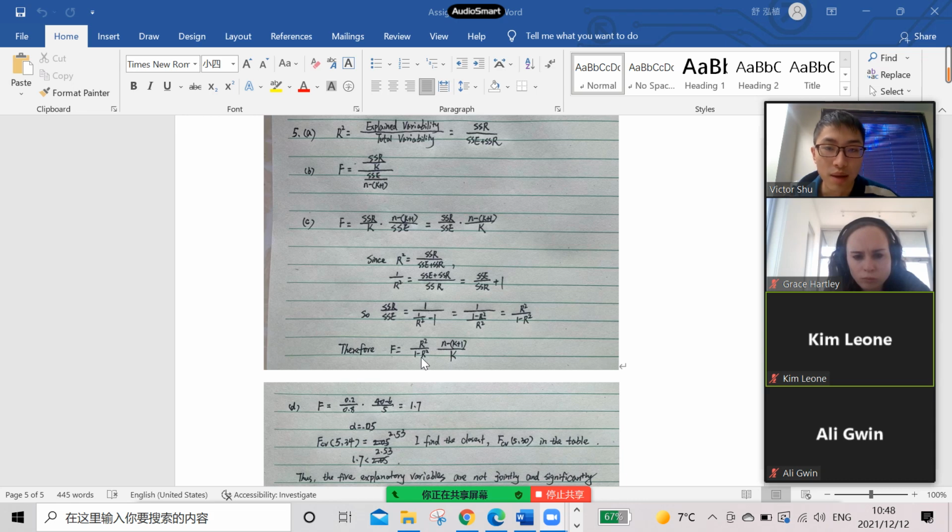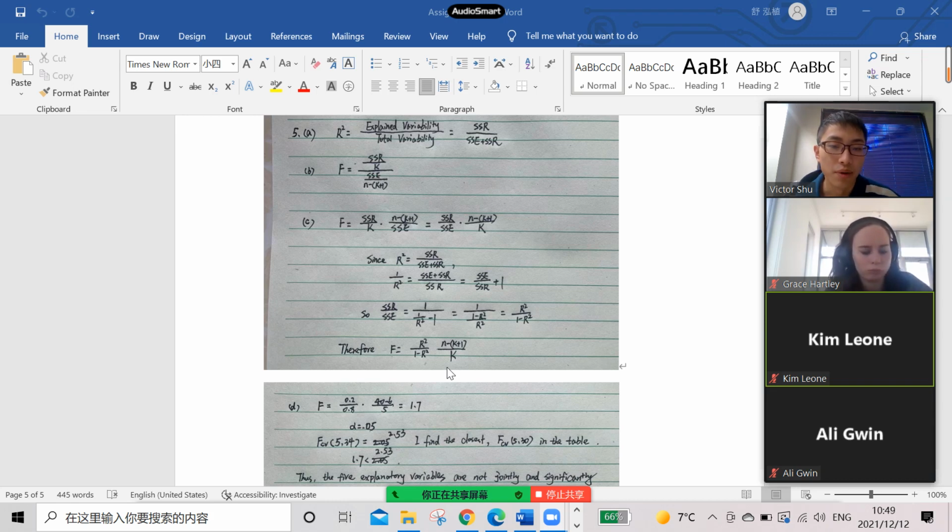So during the exam, maybe the professor wants to give you SSR and SSE, which will help you plug into the formula in part B. But instead, maybe the professor gave you r squared or some other variables, which is helpful for you to find the r squared. Then after calculating r squared, you would plug r squared into the formula in part C in order to find the F score, right?